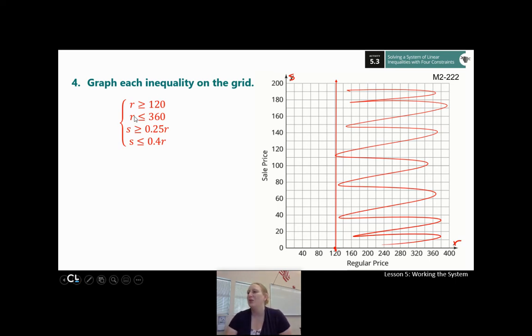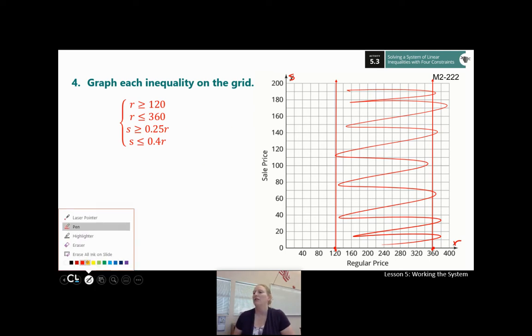Let's now take a look at the next one. R is less than or equal to 360. So here's R, here's 360. But of course, I don't have any other variables, so it's just going to go straight through. It is a solid line because of the little half equal sign. R is less than 360, so I need to shade everything to the left of that line.